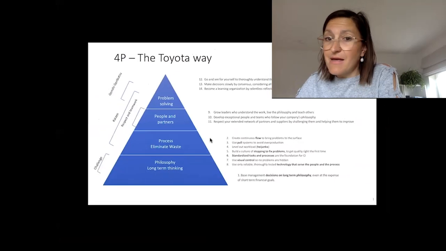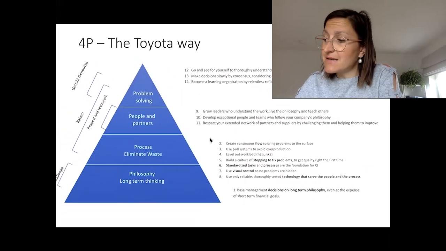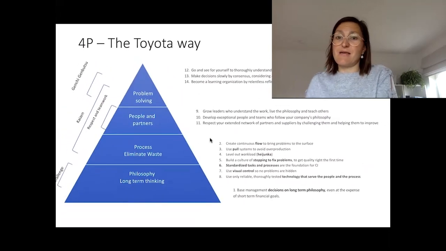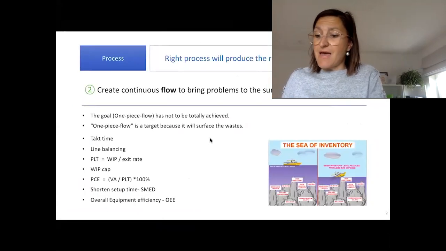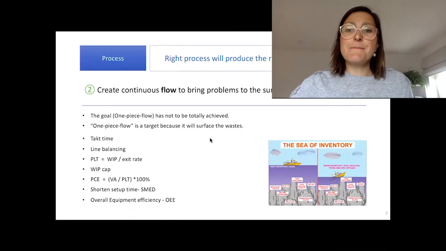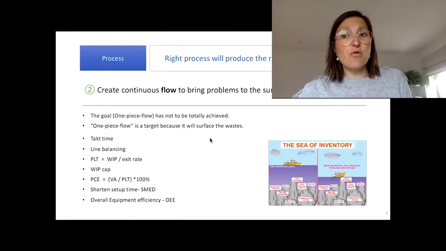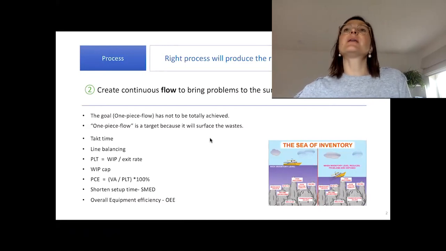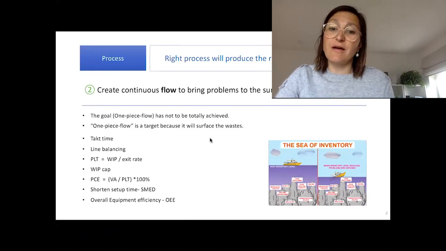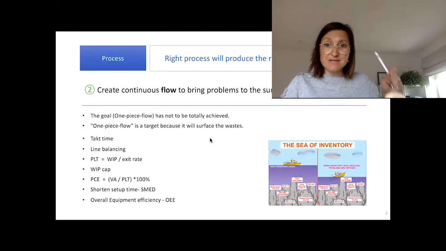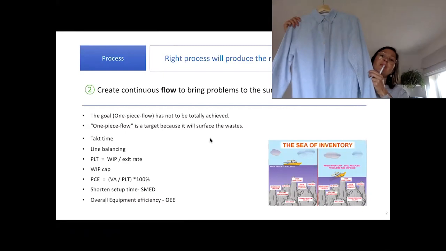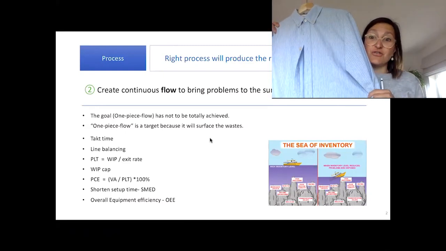The way I'm actually doing this is that I've got my iPad right there, and I'm projecting my iPad at the same time. I want to explain about flow, pull, and Heijunka, and I'm not going to use the typical examples of the Toyota manufacturing, but I'm going to use a very simple example. An example of shirts.